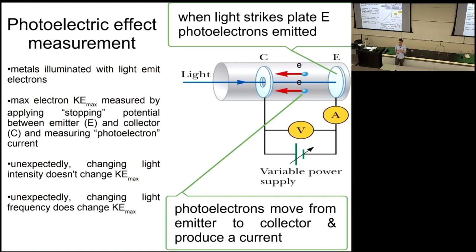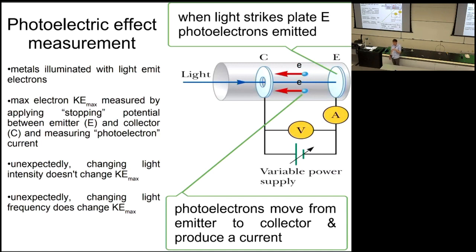You get higher energy electrons with higher frequency, shorter wavelength light. You get lower energy electrons with longer wavelength, lower frequency light. So it's the frequency and the wavelength that affect the kinetic energy of the electrons.